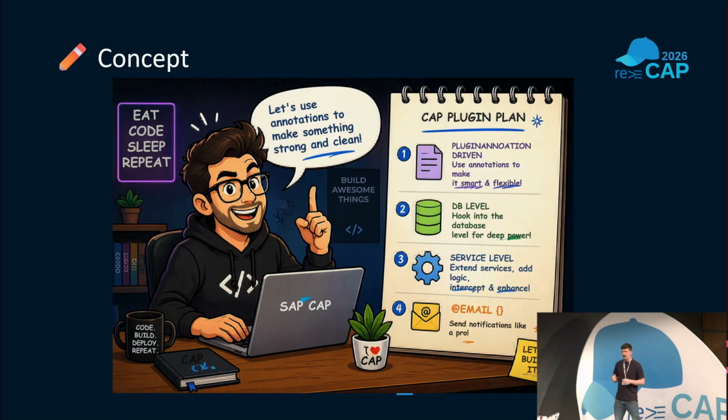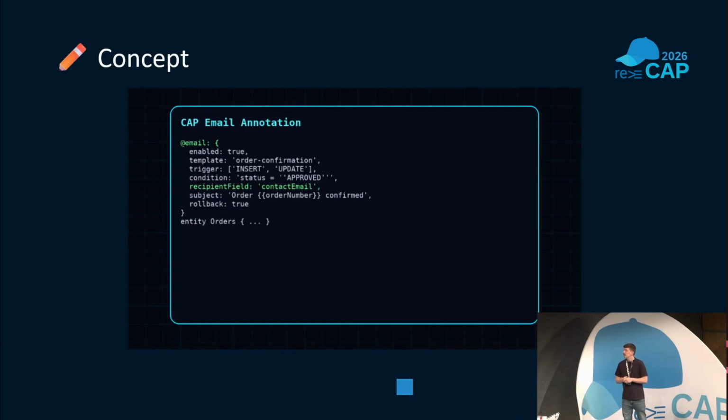So if we have a look at how to configure this plugin with those annotations that we have foreseen at the moment, we see that the easiest thing to do is just to take your entity, in this case orders, and when you take the orders entity, you can easily enable email sending. Email sending to be sent out when something happens. There needs to be a trigger, which is the third one in this picture.